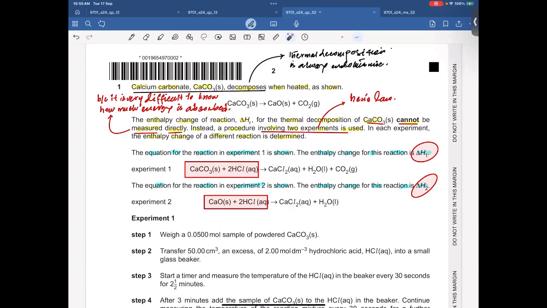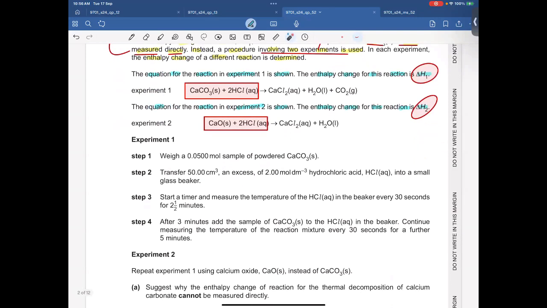All right. So in experiment 1, weigh a 0.05 mole sample of powdered calcium carbonate. Why are we using powdered form?